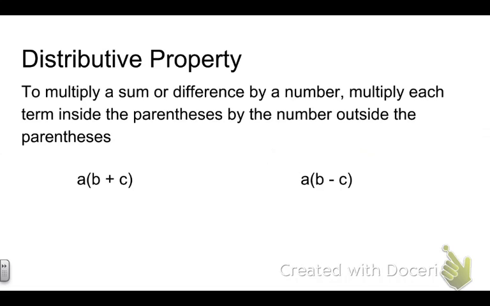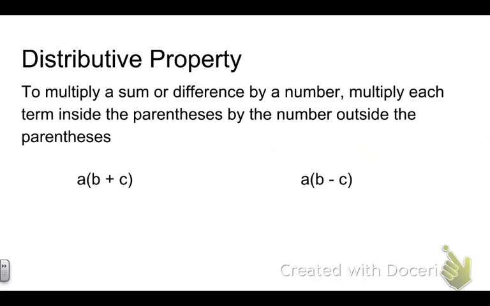So what it says is we've got a, and remember that's the variable that can stand for any number, and a is being multiplied by the sum of two numbers, b and c. We don't know what those are. Same thing in the second example, a is being multiplied by the difference of b and c. So what we need to do is, just one second here.